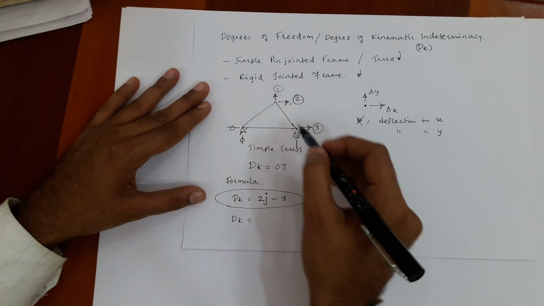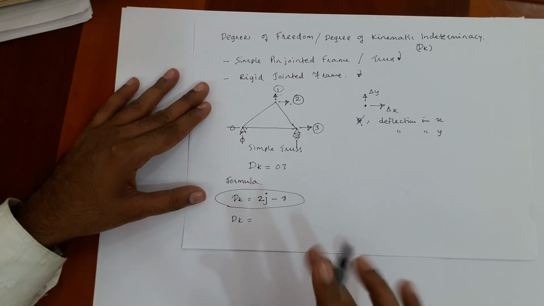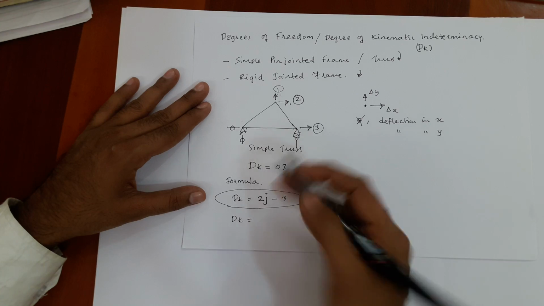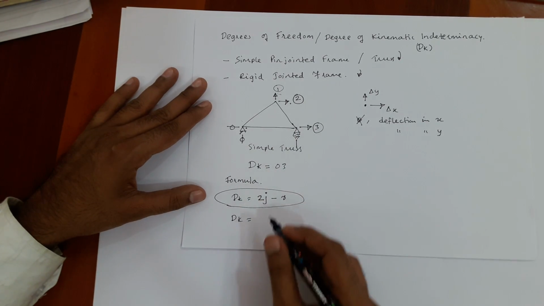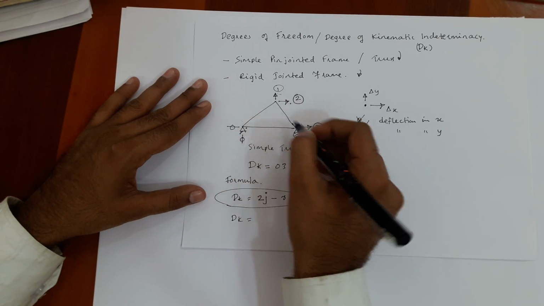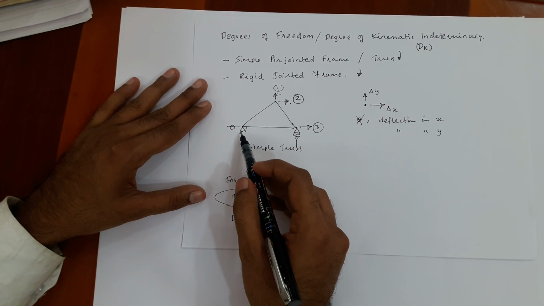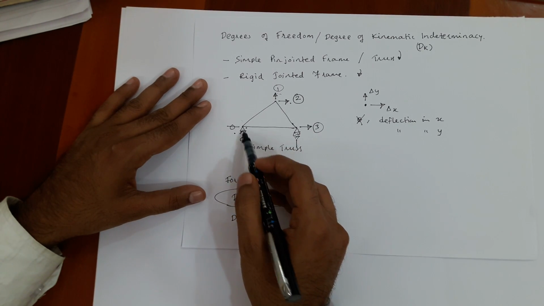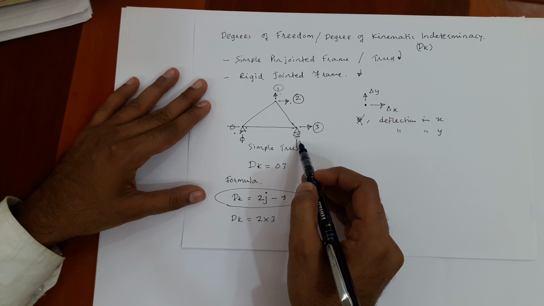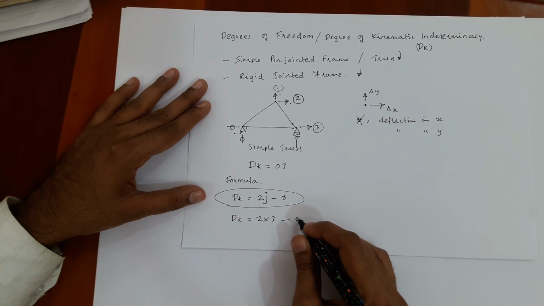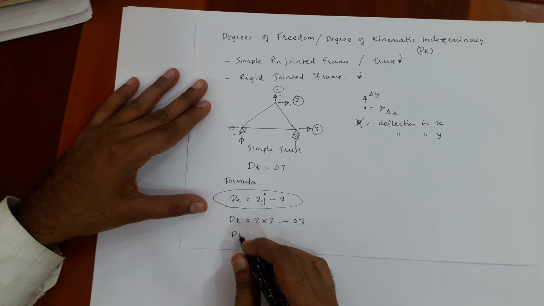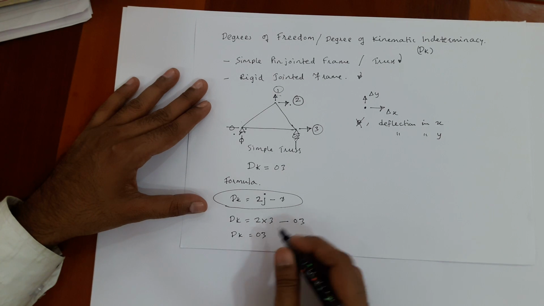You just have to count the number of joints and the number of reactions offered by the supports. You see how many joints we have? 1, 2, 3. 2 into 3. And how many reactions? Here 2 reactions, horizontal and vertical. Here only 1 reaction, minus 3. So dk equals 3.